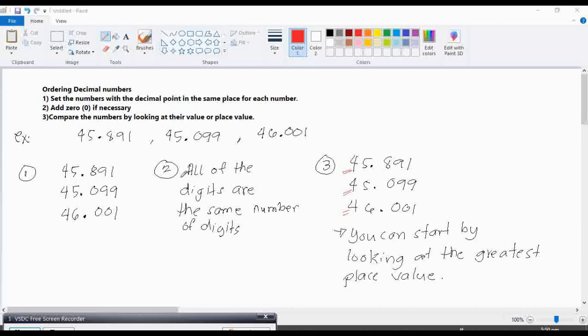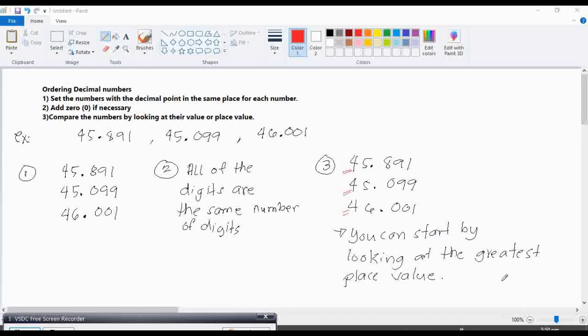Number 2, since all the numbers have the same number of digits, there is no need for you to add any 0. Let's move into the third step. Look at the place value, or look at the highest value. You can start by looking at the greatest place value for each number.